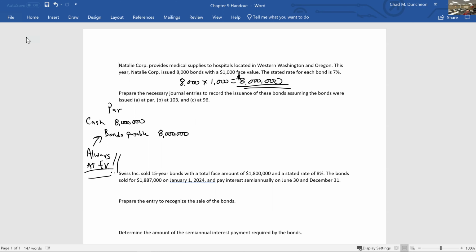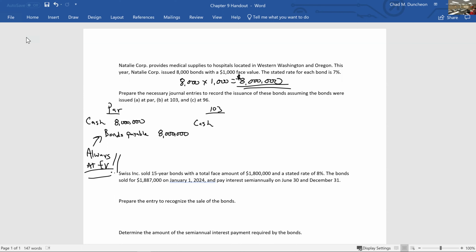So when we issue at 103, we're still going to debit cash here, right? But now we issued at 103. 103 means the cash we're going to receive is 103% of face value. When we receive more cash than the face value, that means we are selling at a premium.